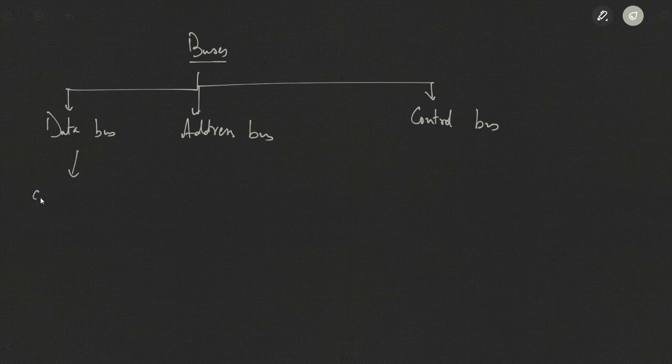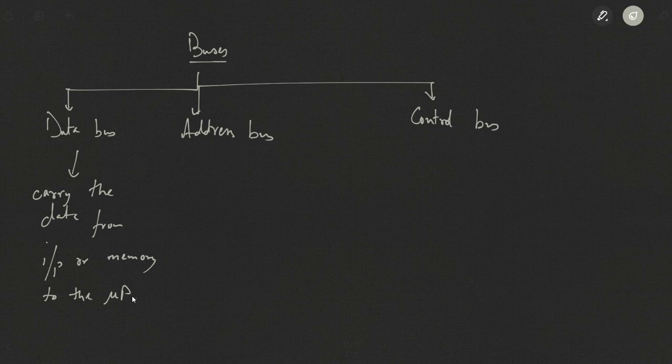So as far as the data bus is concerned, it will carry the data from the input or the memory to the microprocessor. Fine. To the processing unit actually. So that is the data bus.